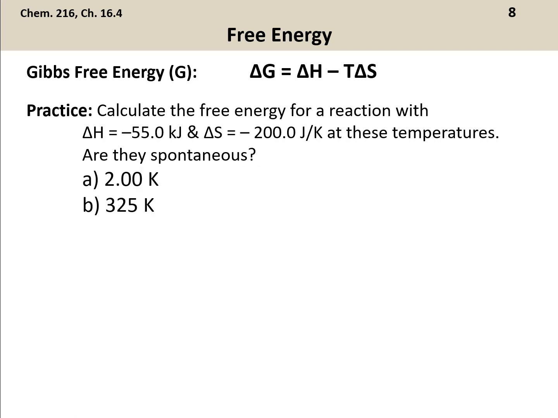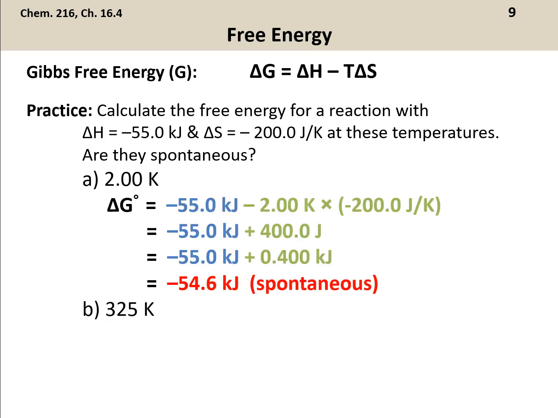All right, let's look at this one more time, and then we'll explain what this means. Okay, so here's the calculation for 2 Kelvin. And I plugged in my delta H. I used my data for delta S. I made sure to convert from joules to kilojoules, right? You're going to have to do that a lot of times, so make sure you're getting used to that.